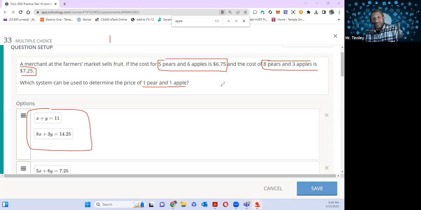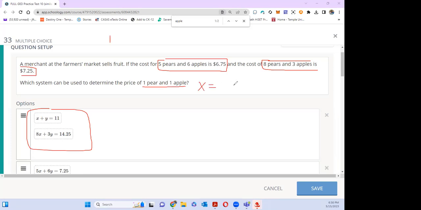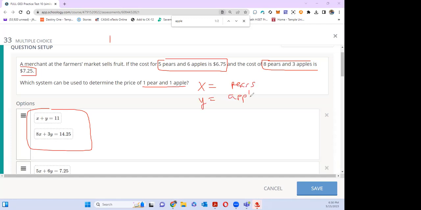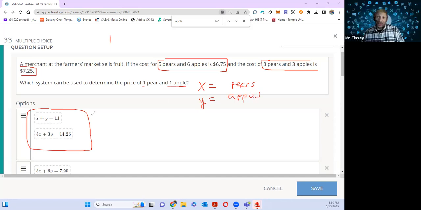When you're working with a system of equations, you need to identify your variables. So my X is going to be my pears, and my Y is going to be my apples. Once you define your variables, does this system of equations make sense? And somebody tell me why or why not.